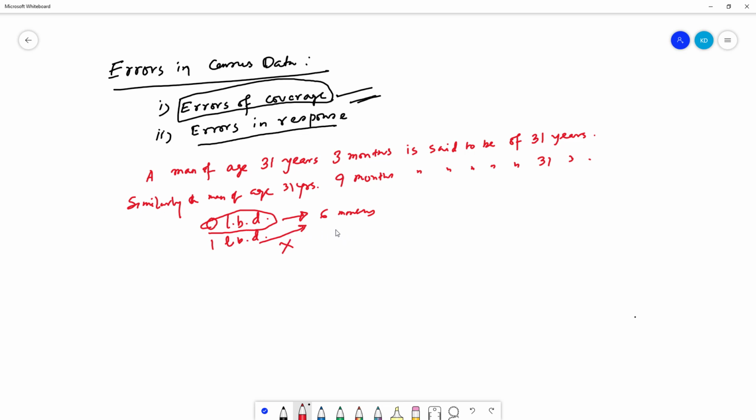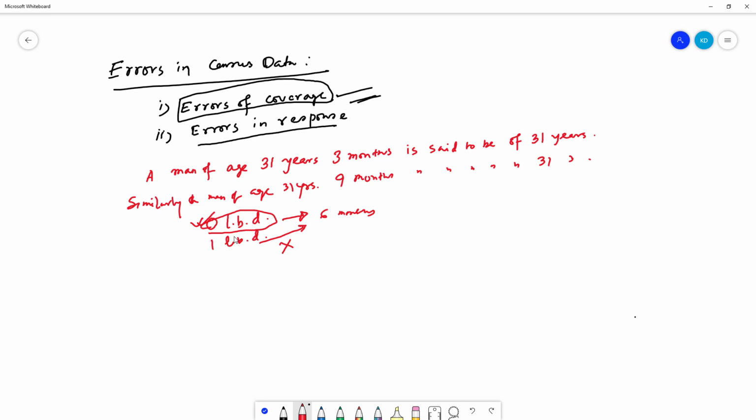I already mentioned that as a result, children of exact age below one get recorded as age 1 LBD, while really they are of age 0 LBD.